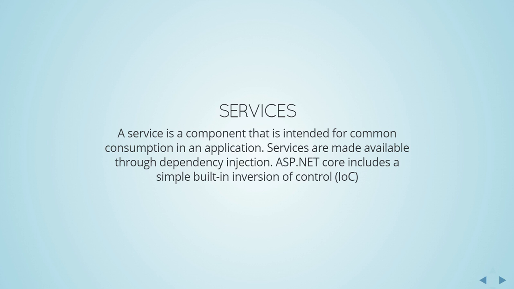For example, you're using Entity Framework to fetch, and the service is something which gives you that Entity Framework and fetches the data. That's a class which gives you all those utilities.